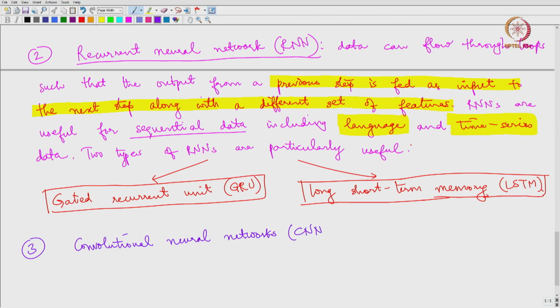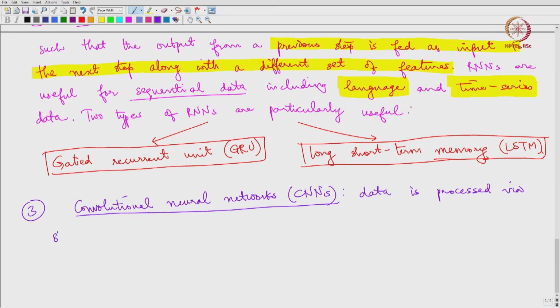And these are abbreviated as CNNs, and here we use specific types of layers. So the data in this network is processed via special types of layers known as convolutional, pooling and dense layers.